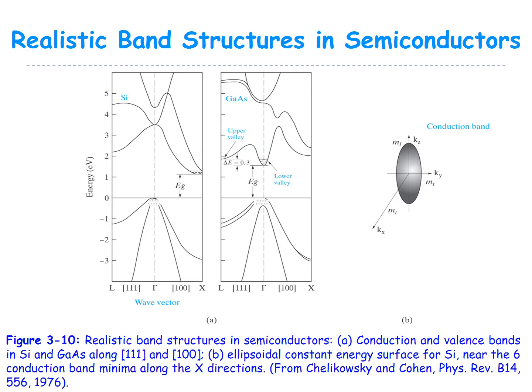So a more realistic band structure is presented here, with examples of silicon and gallium arsenide. You can see that depending on the crystal direction, here the 111 direction and here the 100 direction, you will find different minimums.